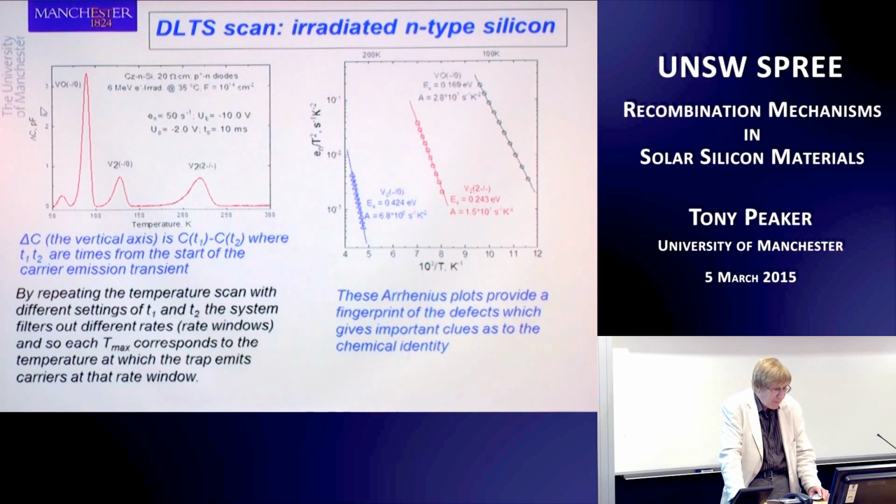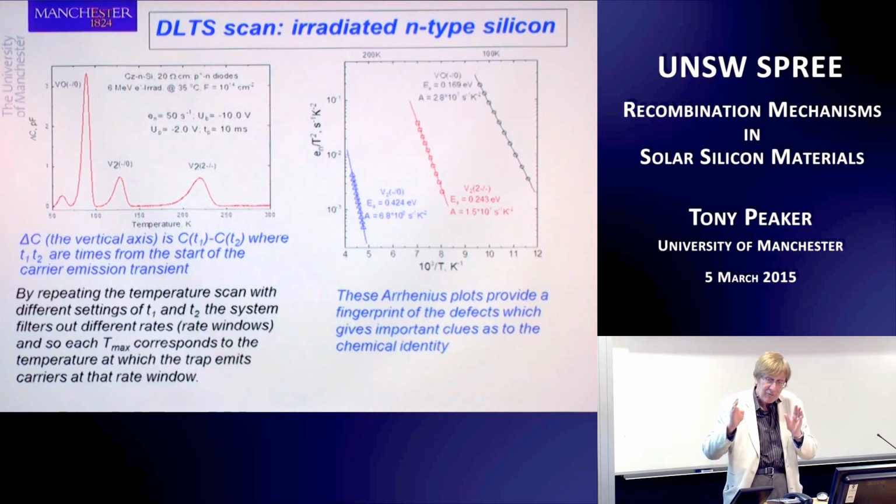So that's basically the method that we use, and this is the sort of result that we get. So in conventional DLTS, we're looking at a change of capacitance, which is measuring the charge in the depletion region, measured at 2 points in time. And this technique was invented by Dave Lang at Bell in the 1970s, and he called the separation of these 2 points that sampled it the rate window.